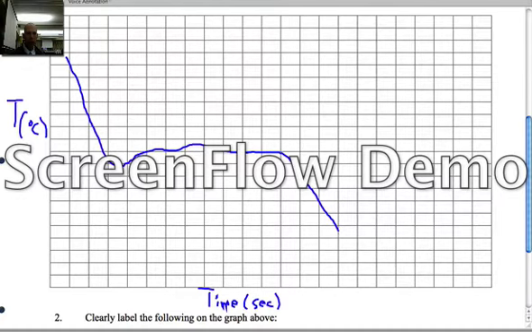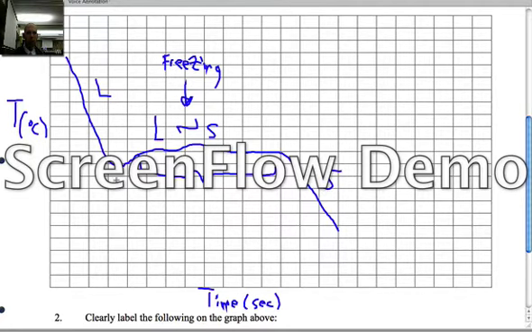Okay? Now what we're really paying attention to here is this plateau. This plateau is the liquid to solid equilibrium line. This is where freezing was happening. Here, all liquid.